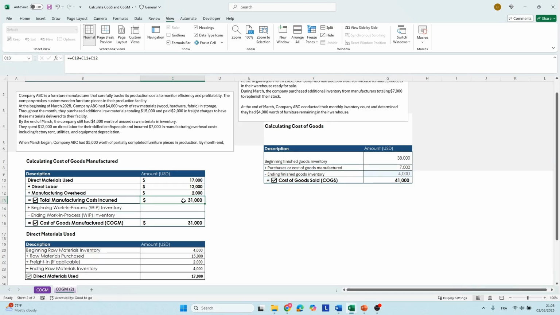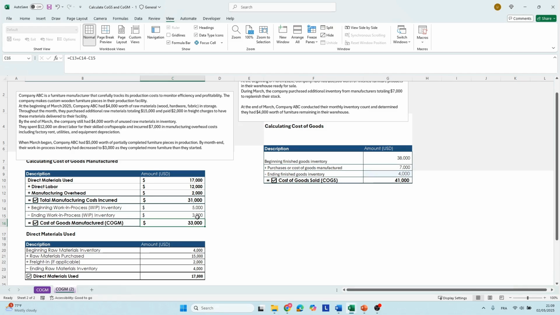Then we need to put the beginning work in progress, and we get the information that the company had 5,000 as work in progress at the beginning of the period. We put it here, and by the end we have 3,000 as work in progress.